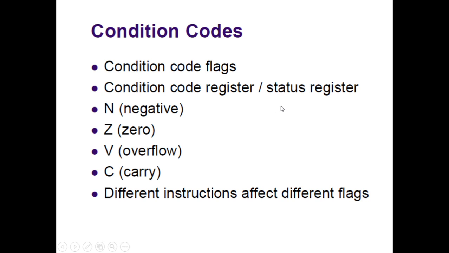We have certain condition or status flags: N negative, which we can also represent as S, meaning sign, N or S both are same. Z means zero flag, V overflow flag, C carry flag. These four condition code flags are used for indicating the current status of our processor, right?